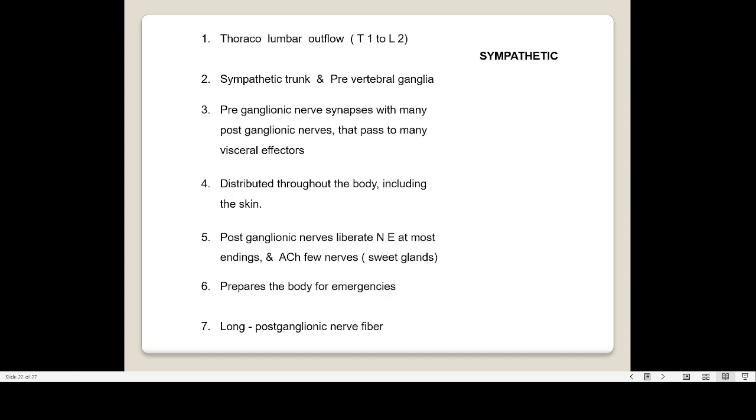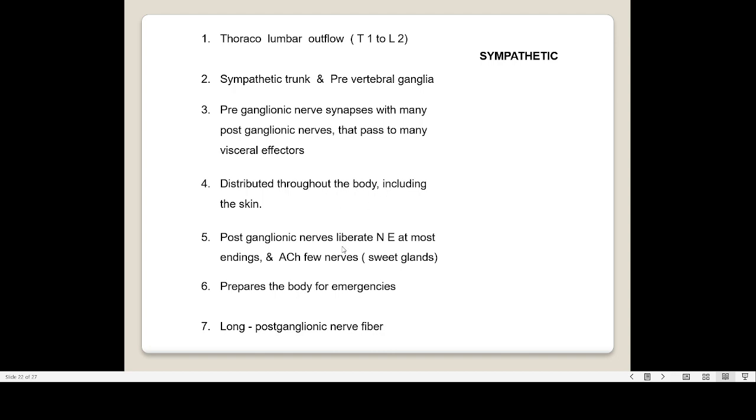Once again, remember the sympathetic pathway: thoracolumbar outflow from T1 to L2, then the sympathetic trunk or prevertebral ganglion. The preganglionic nerve synapses with many postganglionic nerves, which pass to many visceral effectors distributed throughout the body, including the skin.